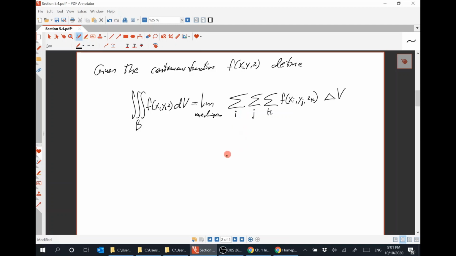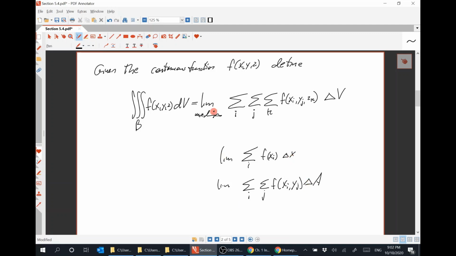With single variable functions, it's the limit of the sum over i of f of xi delta x. With two variable functions, it was the limit of the sum over i and j of f of xi, yj, delta A. Right? Delta length, delta area.